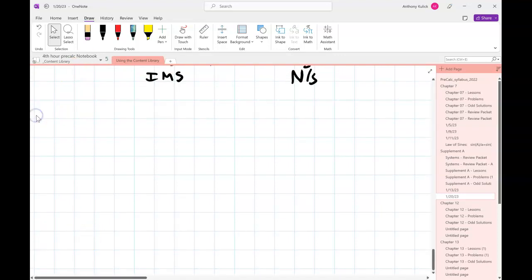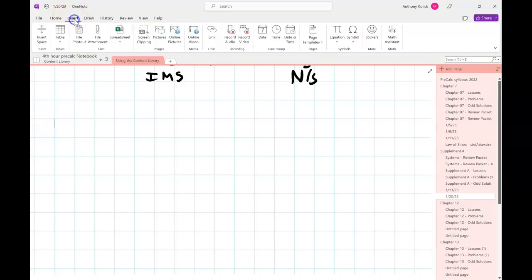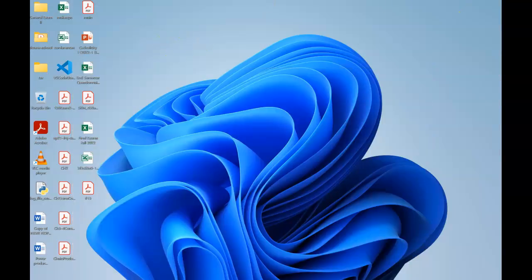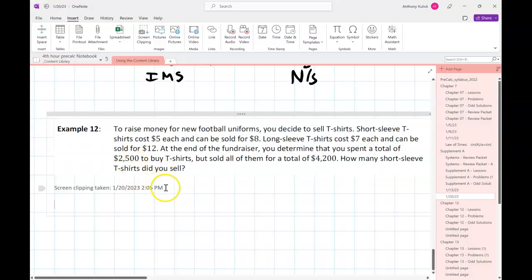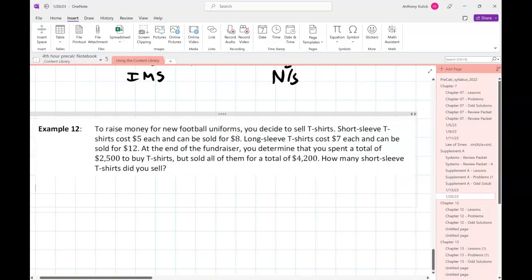So what else is there? Well, what if we had a story problem? Let's take a look at this example. To raise money for new football uniforms, you decide to sell t-shirts. Short sleeve shirts cost $5 each and can be sold for $8.